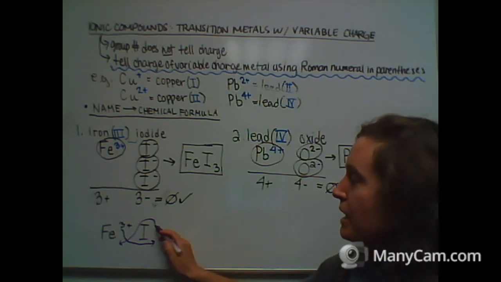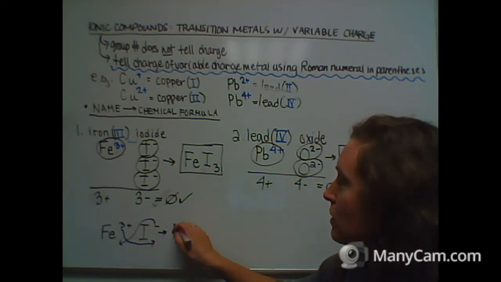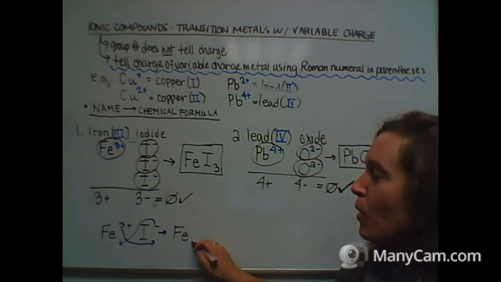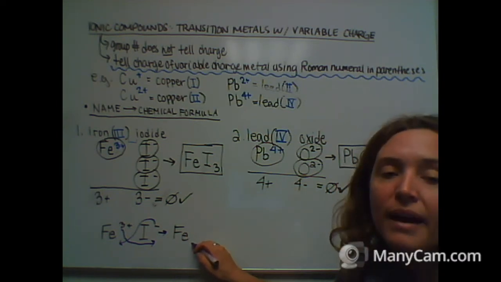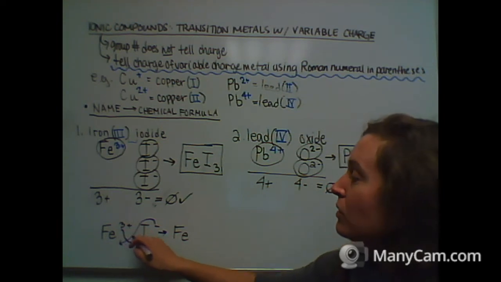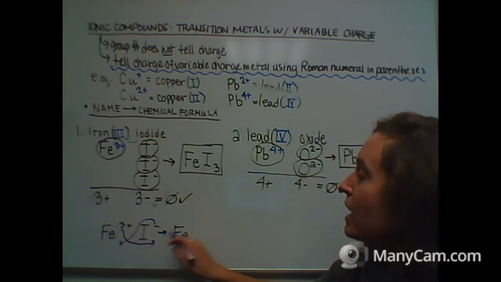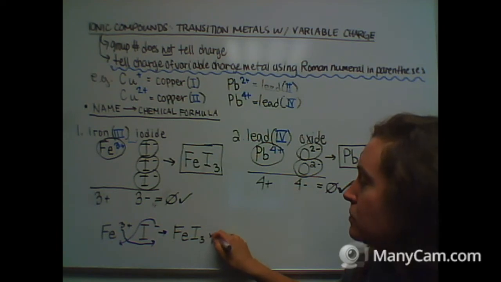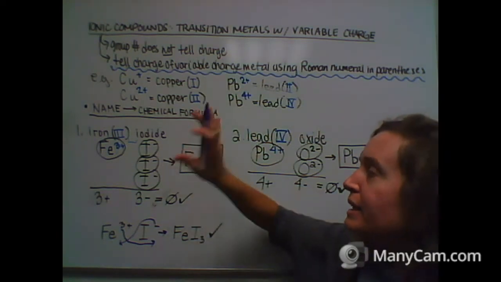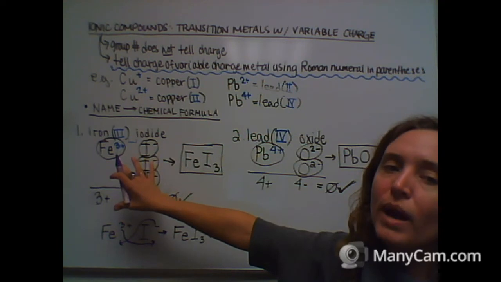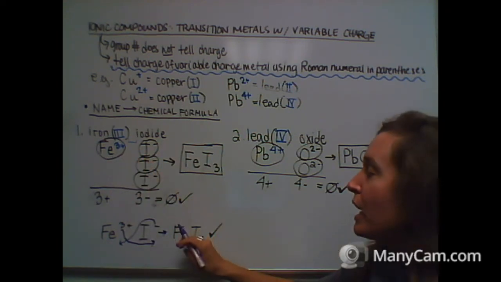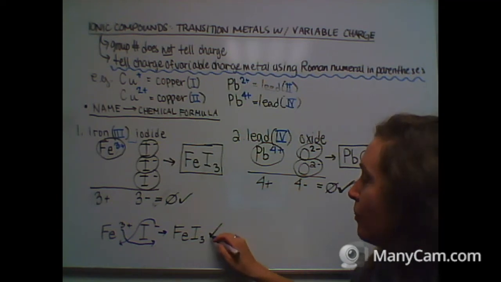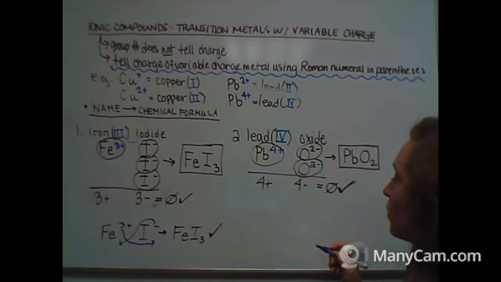When we take this 1 down after the iron, we just don't write the 1, we just know that it is implied. And when we take the 3 down into the subscript of the iodide, we get the same thing, right? So it's important to understand why we can do this trick, but that's an option for you if you want to do that.